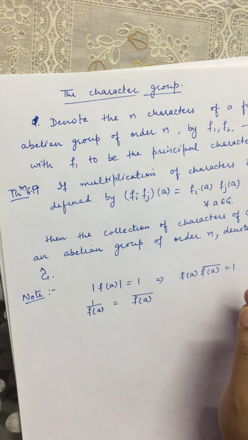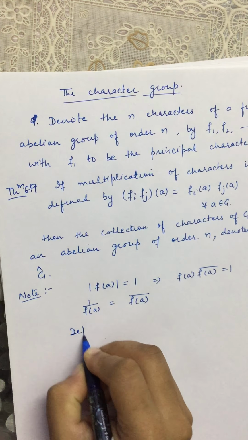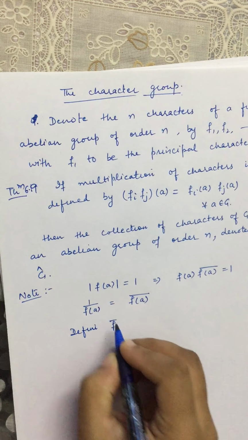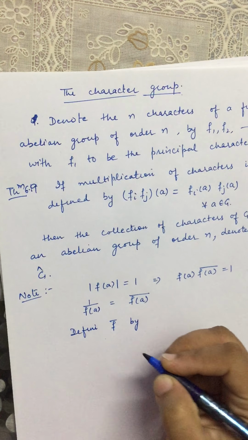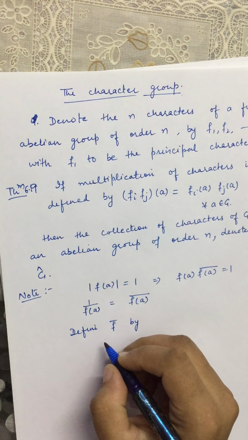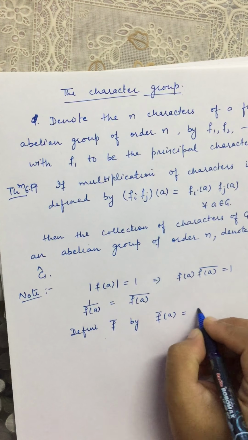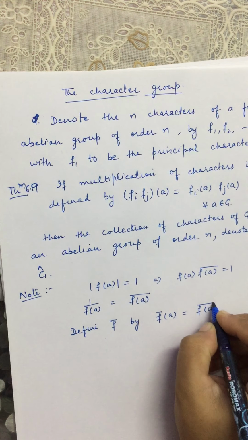So that's why we can define another function f bar. Of course, this f bar is a complex valued function defined on the group G. We define f bar by f bar at a is the conjugate of f(a).